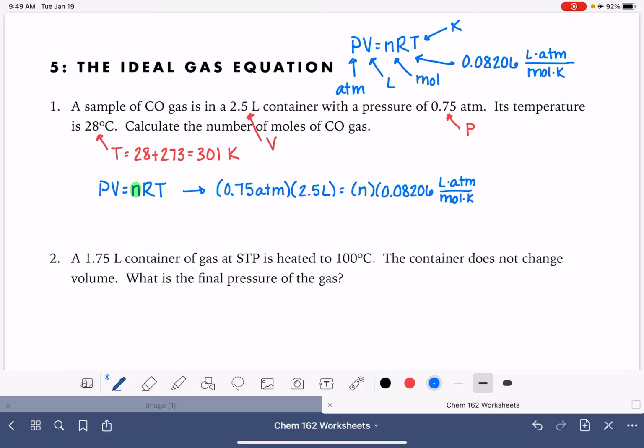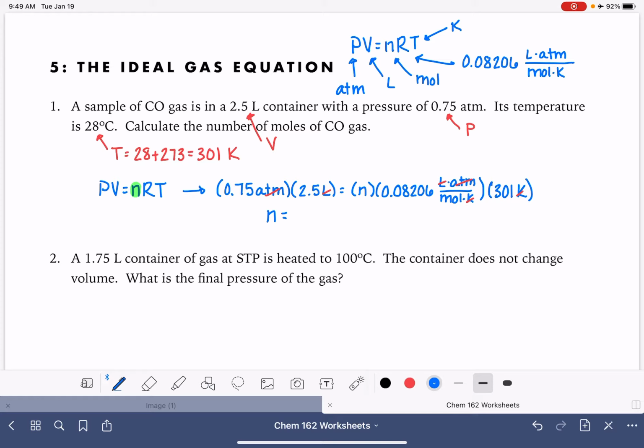You might see the value of R as 0.0821. That's just 3 sig figs instead of 4. Temperature is 301 Kelvin. And if we take a look at all of our unit cancellations here, we're going to get atmospheres canceling, liters canceling, Kelvin canceling, and we will end up with units of mole.